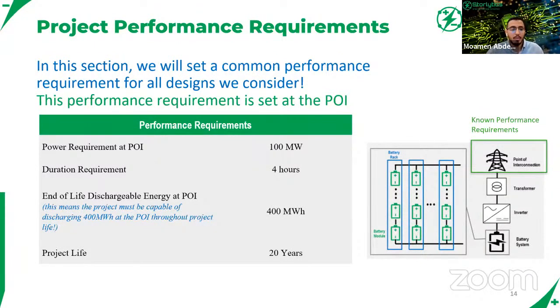The end of life dischargeable energy at the point of interconnection is 400 megawatt hours, which means your system must be capable of discharging this amount of energy at any year throughout the project lifetime. The last requirement is the project life, where we will simulate our system for 20 years.